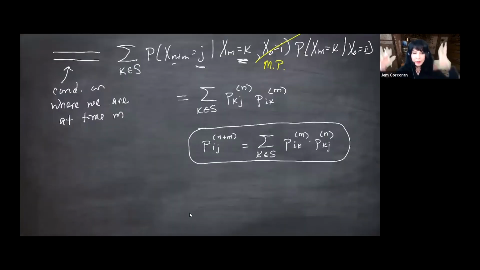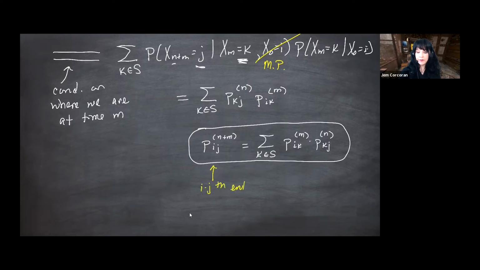Okay, so we talked about powers of the matrix. Let's look at what we have here in the circled Chapman-Kolmogorov equation. On this left side, I have the ijth entry of the n plus m step transition probability matrix. And then right in here, as we run over k, I've got the ith row of the m step matrix.